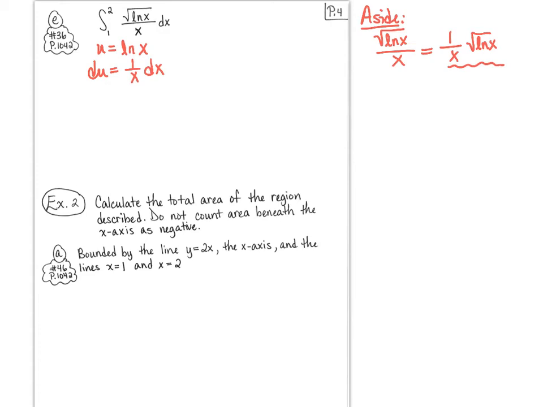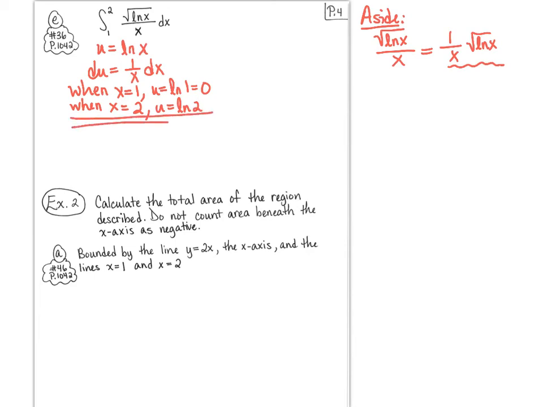So we'll leave du as is, and then we're going to change our limits of integration as well. When x is equal to 1, u is equal to the natural log of 1, or in other words 0. When x is equal to 2, u is equal to the natural log of 2.